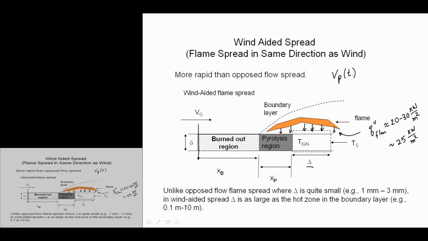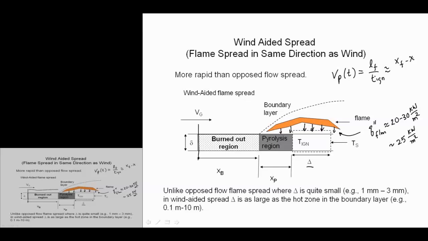And you'll see in subsequent discussions that we say this is some heating length divided by the ignition time, and that heating length can be written in many cases as a flame length minus the pyrolysis length. So now I'm going to do it a little bit differently.